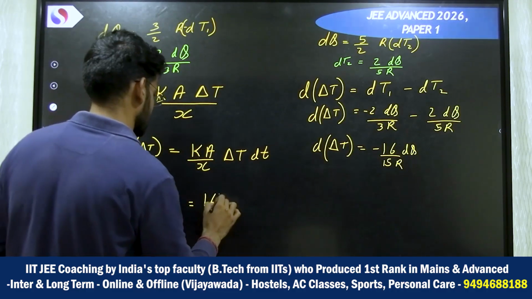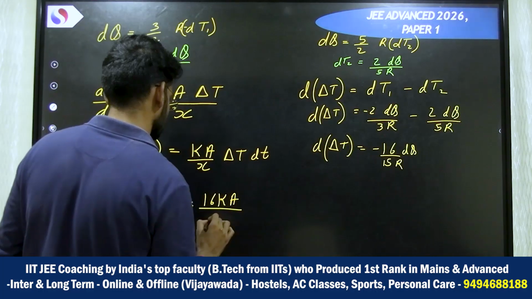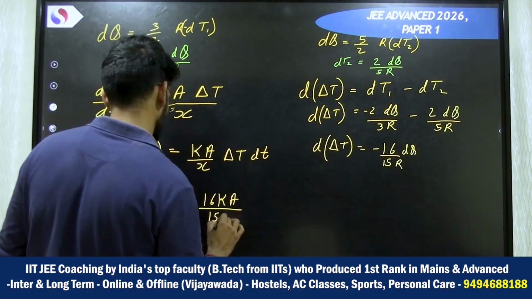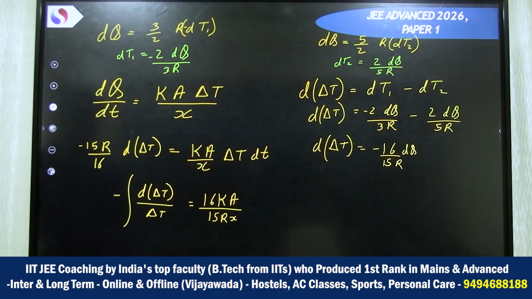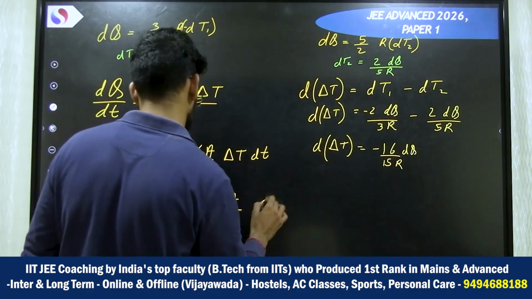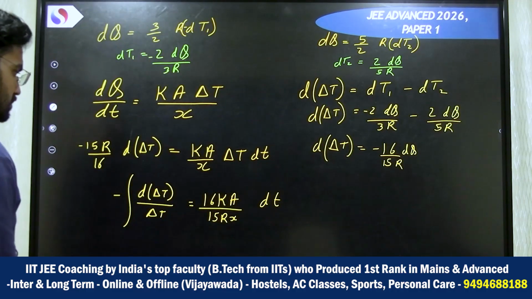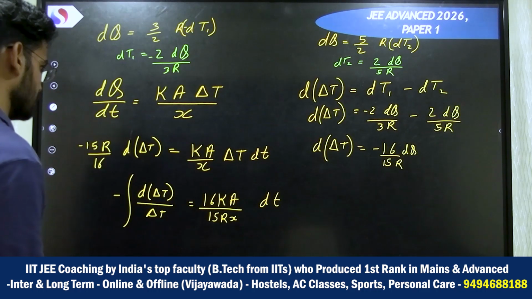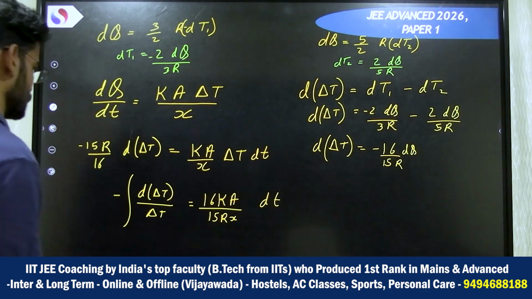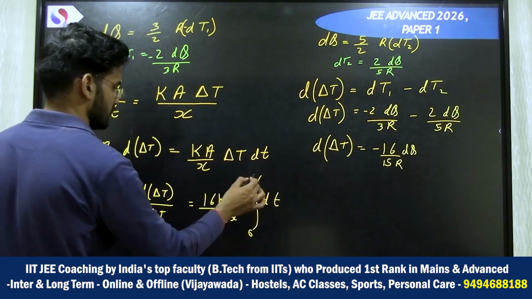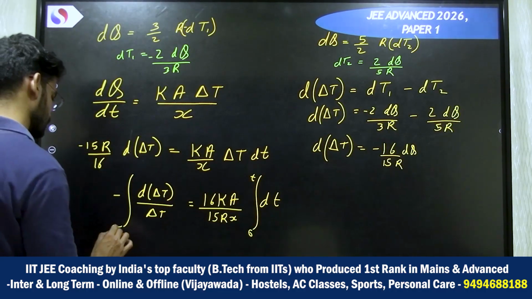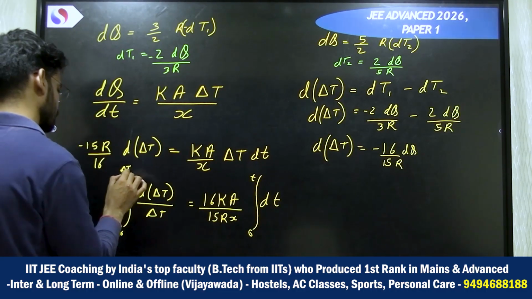So 16 ka by 15 rx, and dt. Here integration from 0 to t, and here delta t naught to delta t naught by 2.